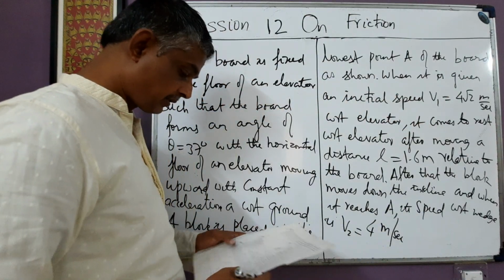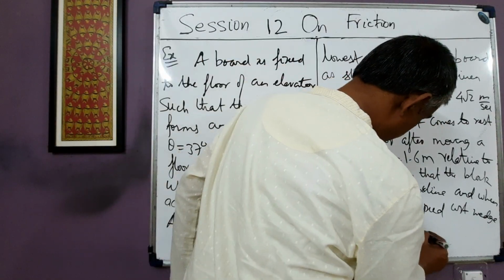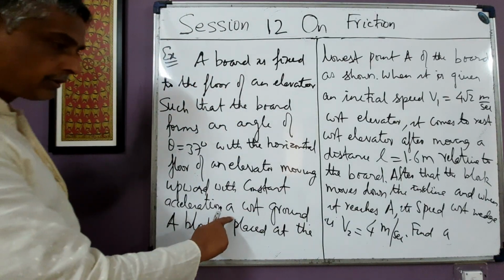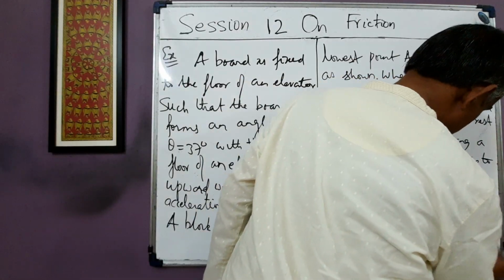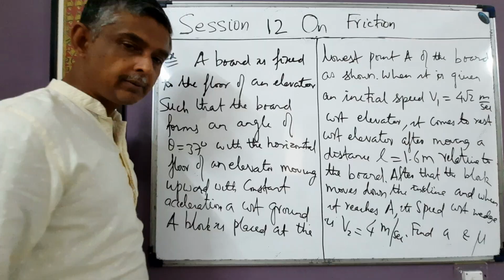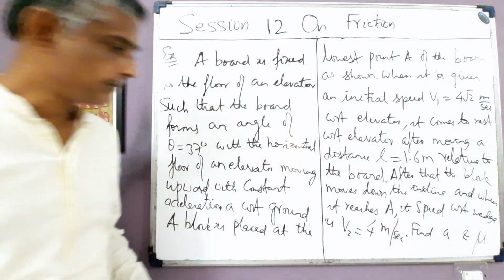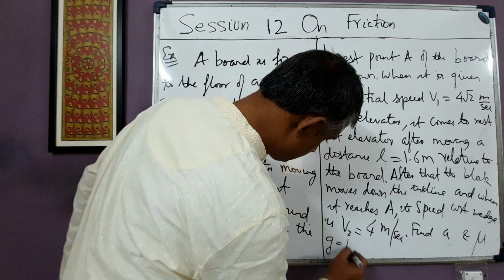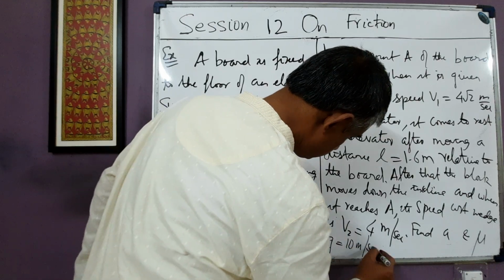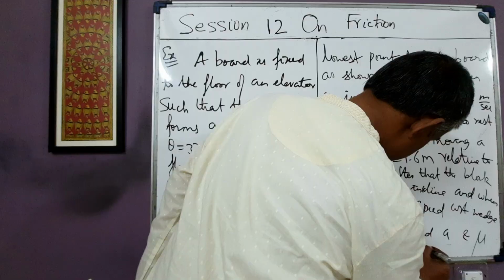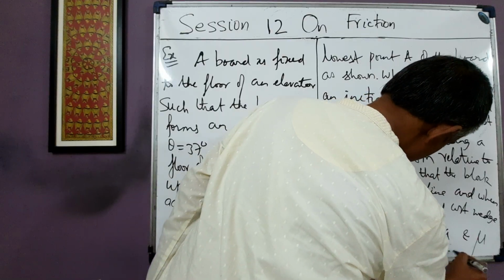Find two things: first, A, the acceleration of the elevator with respect to ground, and the friction coefficient mu between the block and the inclined plane of the board. g has to be taken to be 10 meters per second squared, and sine 37 degrees is given to be 0.6.